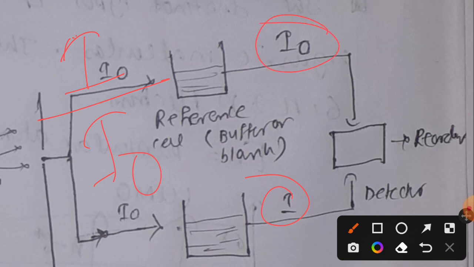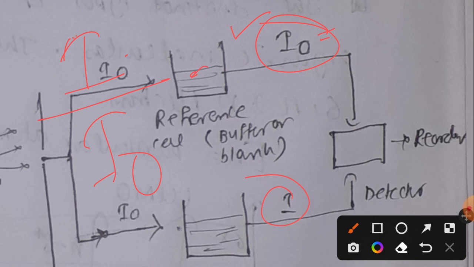Okay, and I think you may now ask that it is also a transmitted light. Yes, obviously, but here we have not added any kind of sample, right? So here our I0 is exactly the intensity of the incident light, right?